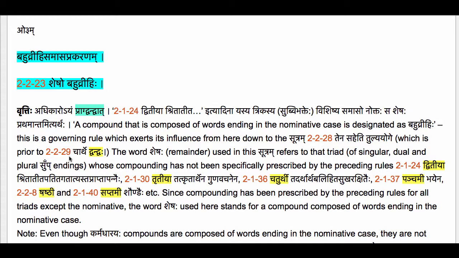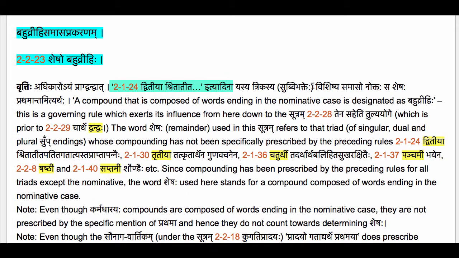The Vritti further says, Dvitiya Shritatita Ityadina Yasya Trikasya Subvibhaktehe Vishishya Samaso Noktaha Sa Sheshaha Prathamantam Ityarthaha. We know what Sheshaha means. Sheshaha means remainder, other than what has been already said. So what does it mean in the current context?